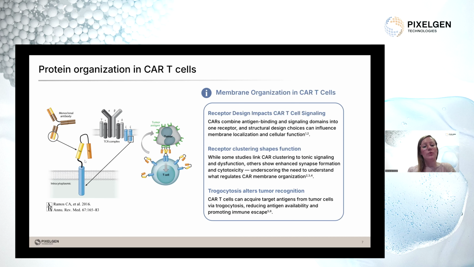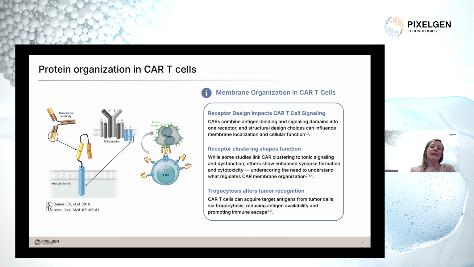And this allows you to create a receptor that can recognize a tumor antigen and that can signal in a cell-intrinsic manner. So, for example, here we have a CAR T cell that is expressing this CAR receptor, and it can recognize a tumor antigen and thereby induce cytolysis of this tumor cell.